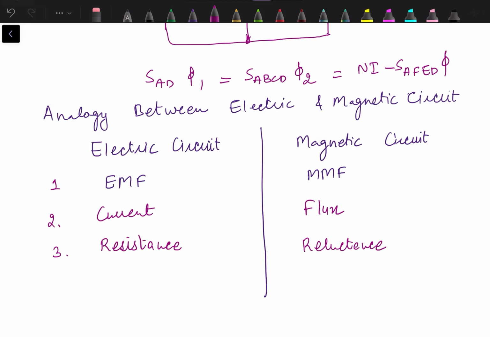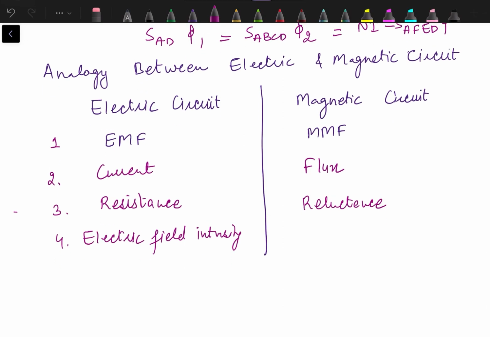In case of electrical circuits, we have electric field intensity, which is actually defined as electric potential gradient, means EMF per unit length, or potential difference per unit length. While in case of magnetic circuits, we have magnetic field intensity, which is MMF per unit length. So electric field intensity is analogous to magnetic field intensity.